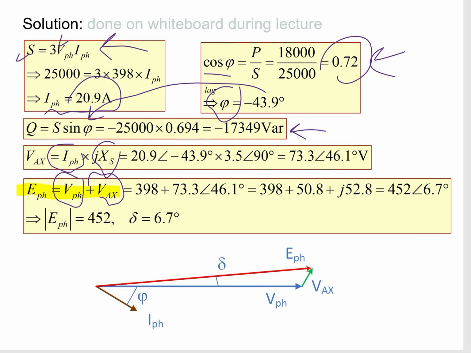If we plug them here, we will get the voltage drop across the inductance reactance as this value. So this is the magnitude and the phase. If we put these values in the equation of the excitation voltage and do the phasor sum, we will end up with the magnitude for the excitation voltage and this angle, which is the load angle. So this is the last parameter they want us to calculate, that is the load angle. And if you draw a phasor diagram for all the given or calculated parameters, it will look something like that.